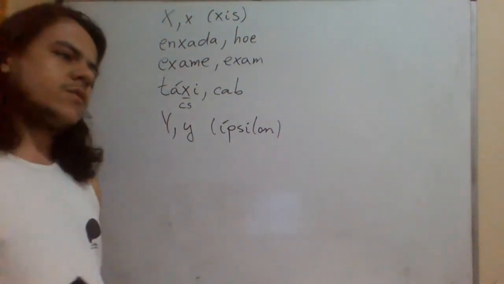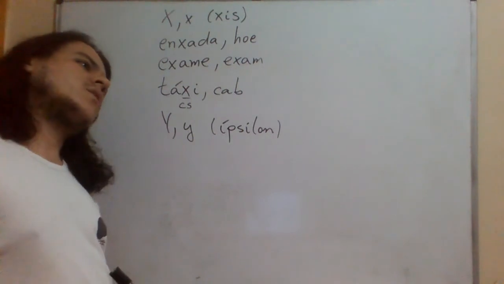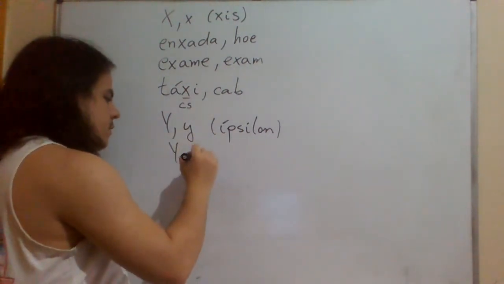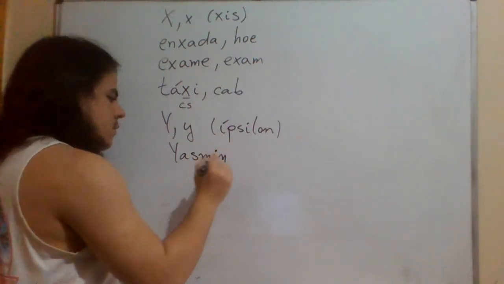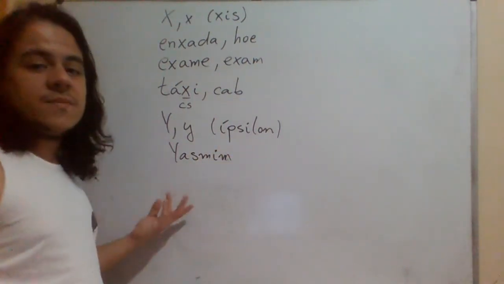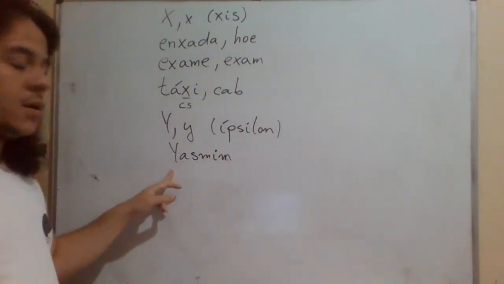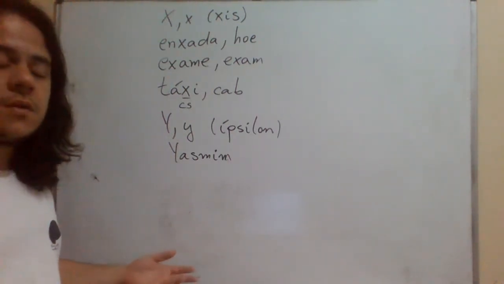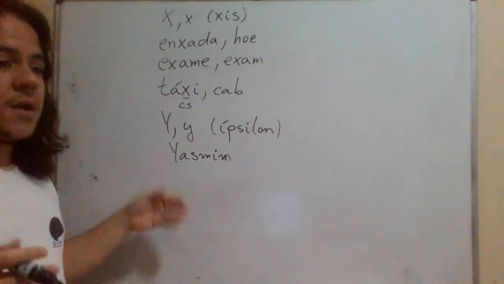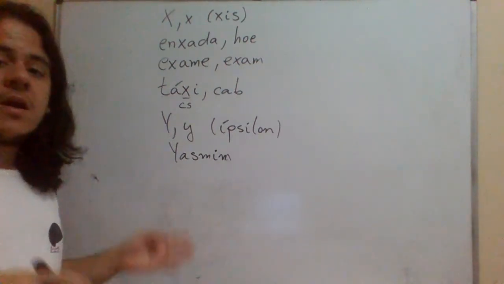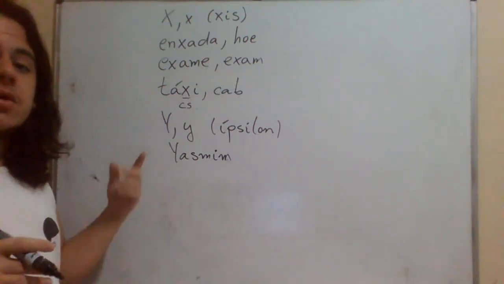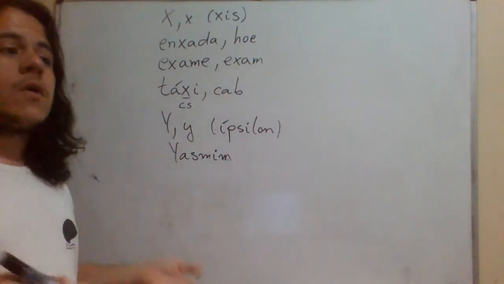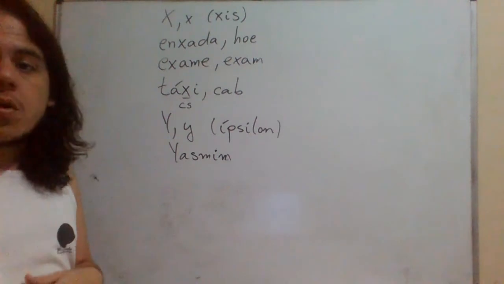And we also use this letter for people's names. For example, we can have this name here, Yasmin, with the letter Y. It's a name of a person. So we use letter Y, just like letter K and letter W, for people's names and for foreign derived words.